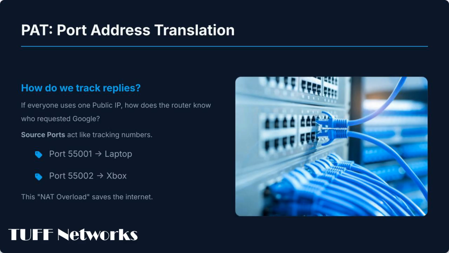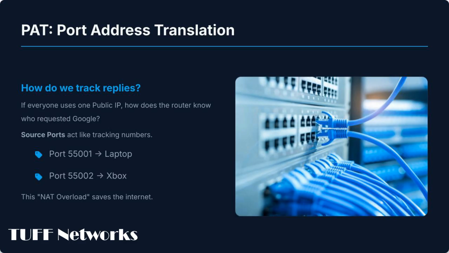When the router stamps its public IP on the outgoing packet, it adds a unique identifier called a source port. Think of this like a specific tracking number. It writes in its internal memory table, known as the NAT table, I sent a packet to Google using my public IP and port 55001. That conversation belongs to internal IP 192.168.1.5. I sent a different packet to Netflix using my public IP and port 55002.